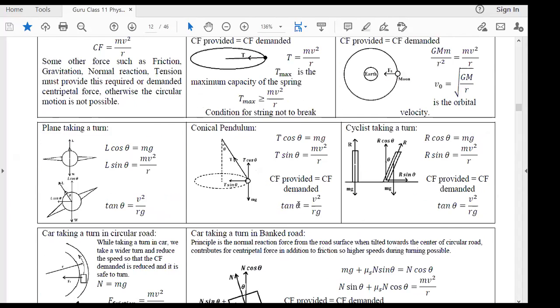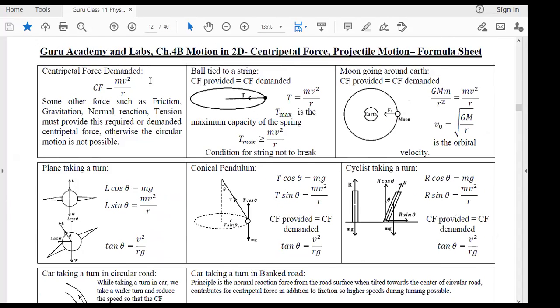In the previous chapter, we talked about centripetal force, right? The force acting towards the center is what causes circular motion. There are a lot of circular motion examples, such as a ball spinning around with a string, a moon going around the earth, a plane taking a turn, a conical pendulum, where you take a pendulum and make it go around in a circle, or a cyclist taking a turn.